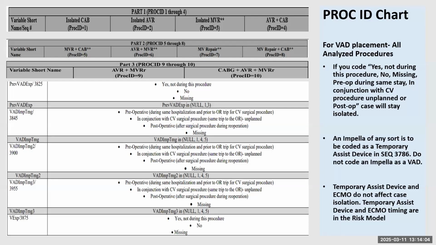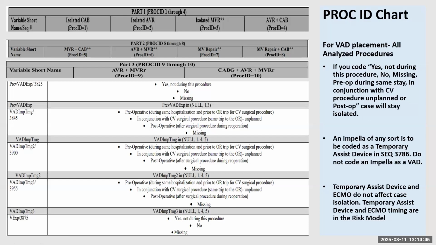So I want to talk about VADs and how they affect the PROC ID chart. So if you code yes, not during this procedure, meaning I didn't do the VAD during this procedure, or it's no, or it's missing, or it's pre-op during the same stay, in conjunction with the CV surgery, unplanned, or post-op, the case will stay isolated.